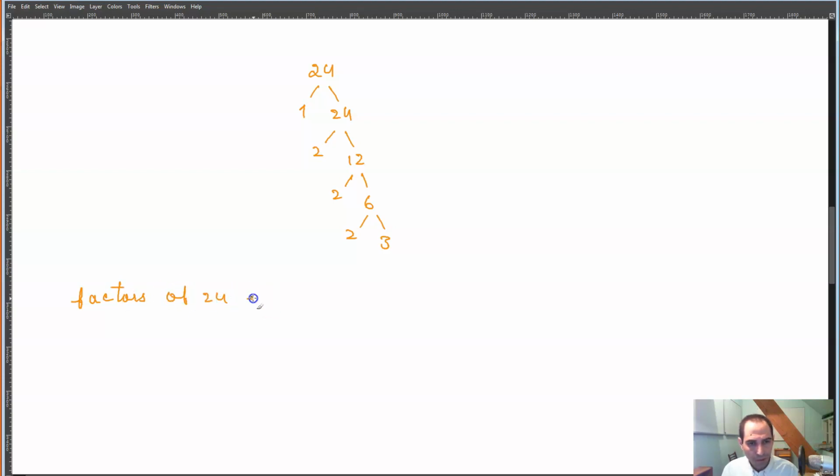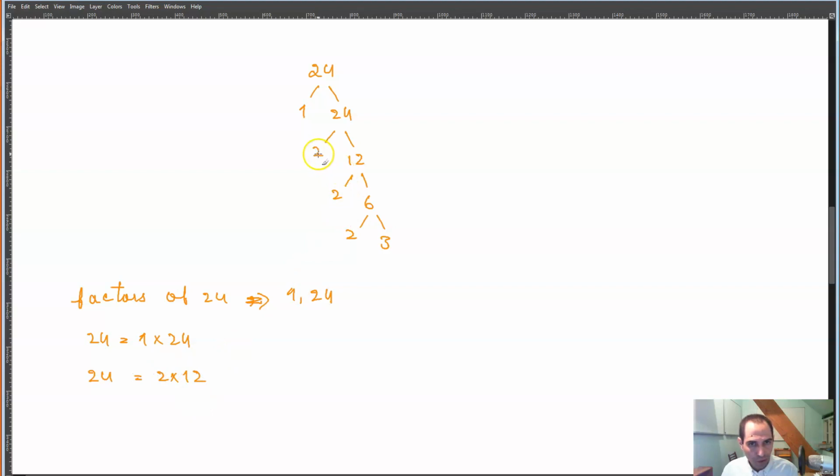You can write 24 as 1 times 24. Then you can write 24 as 2 times 12.